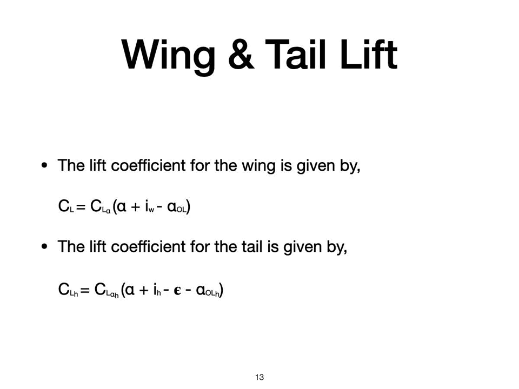The lift coefficient of the wing is given by the equation CL is equal to CL alpha into alpha plus IW minus alpha naught L. The lift coefficient for the tail is given by the equation CLH is equal to CL alpha H into alpha plus IH minus epsilon minus alpha naught LH, where alpha naught L is the angle of attack for zero lift and epsilon is the downwash effect.